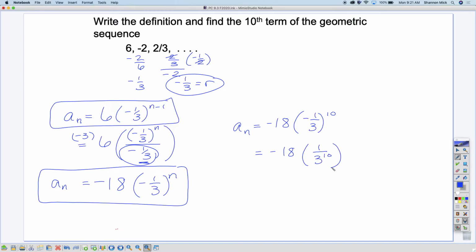Is there a 3 in 18? How many? 6. There's 6 3's in 18? No. Okay, this is 3 squared times 2, yes?